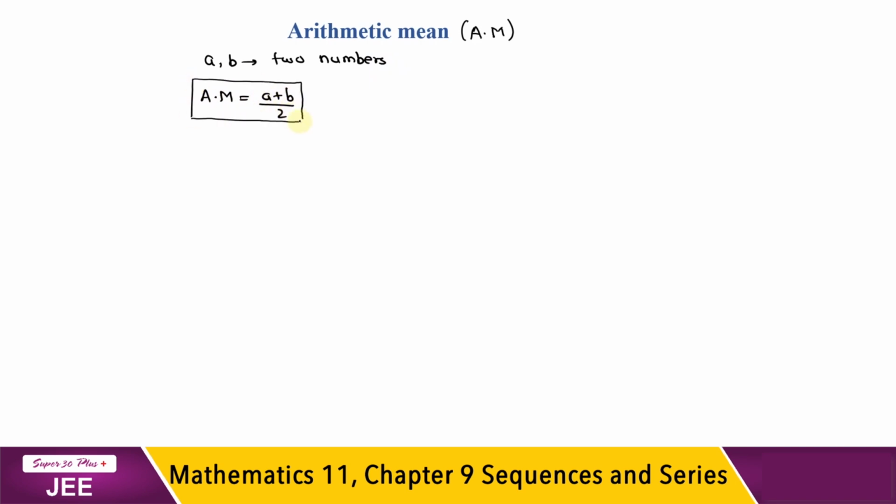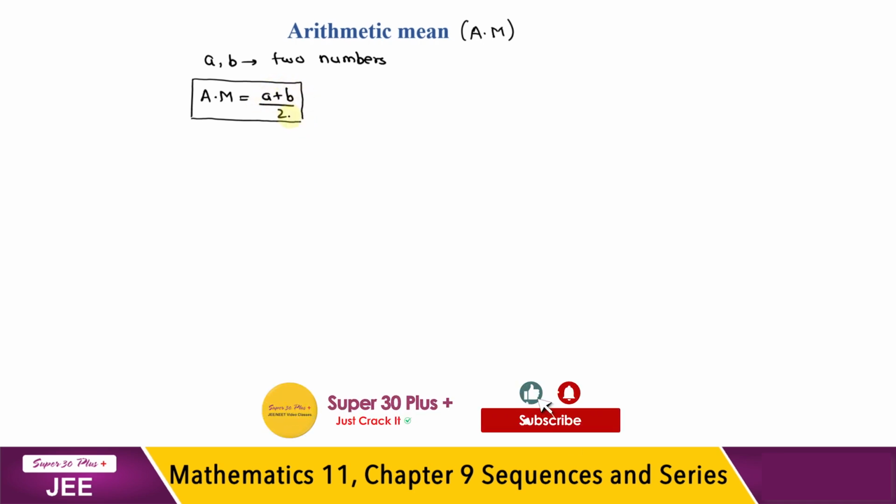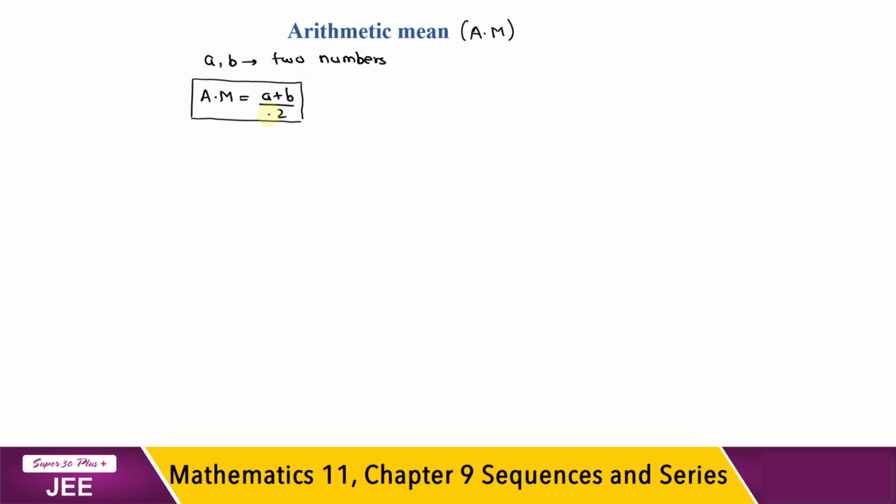Which means we can also say that the arithmetic mean of two numbers is the average or simply the mean of those two numbers. Average is calculated in this way only: we first add all the numbers and divide by the number of numbers, and here the number of numbers is 2, so we have divided by 2.